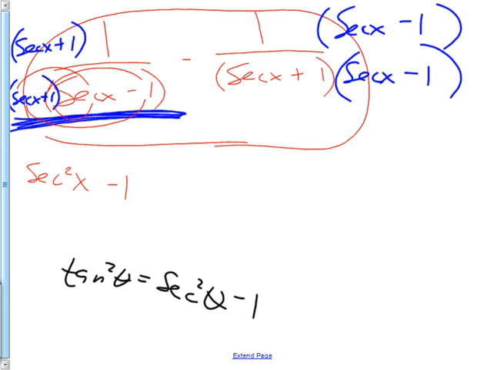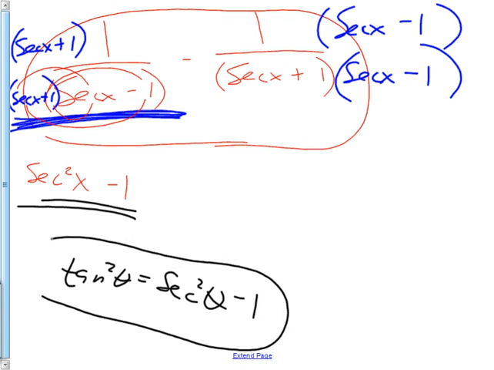So secant squared minus 1, which we have in our problem, can be changed into tangent squared. That's the same saying as the 1 with the tan is what we seek, just rearranged. So why did I do that? Because now the denominator of both of these fractions has just turned into tangent squared.